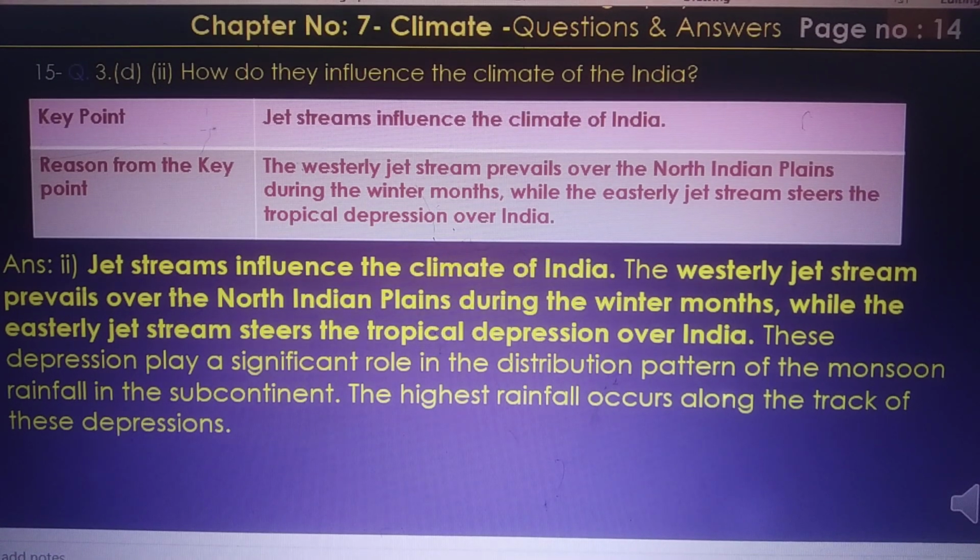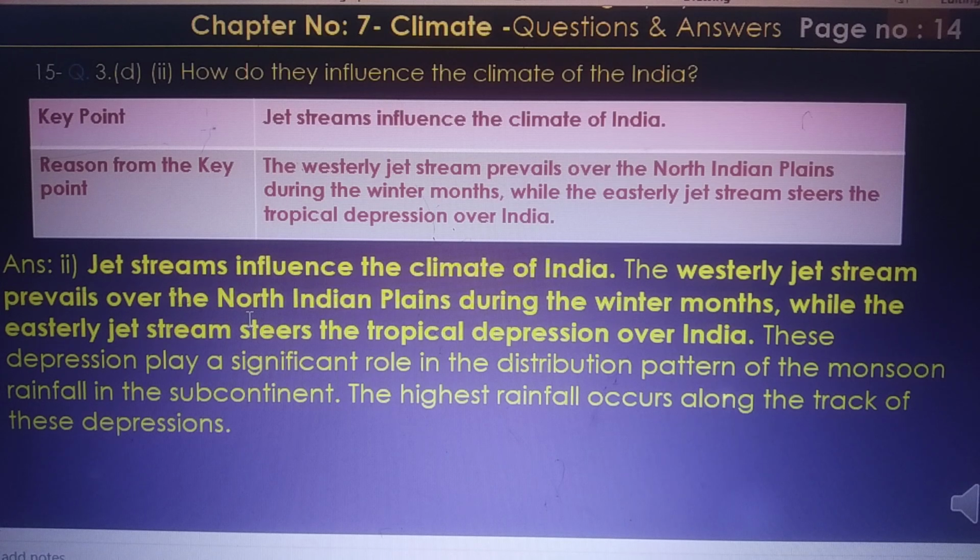Question number 15. How do they influence the climate of India? Key point: jet streams influence the climate of India. The reason from the key points: the westerly jet stream prevails over the North Indian plains during the winter months, while the easterly jet stream steers the tropical depressions over India. Based on that, we have taken the final answer. Jet streams influence the climate of India. The westerly jet stream prevails over the North Indian plains during the winter months, while the easterly jet stream steers the tropical depressions over India.